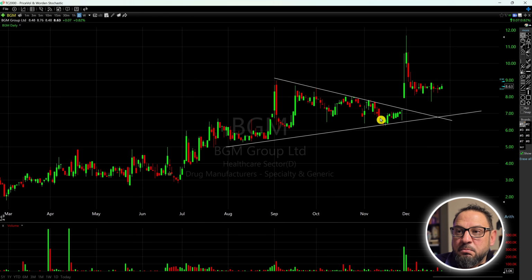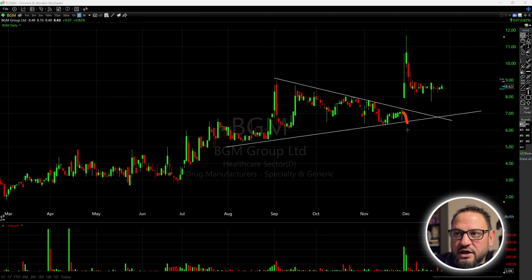That means both sides are losing momentum, and it's getting to a point where they don't know who's going to win this battle. Whoever breaks the support line or resistance is going to be the winner, and the other buyers will rush into that battle, or the sellers, if it breaks down, will start moving into that pattern.